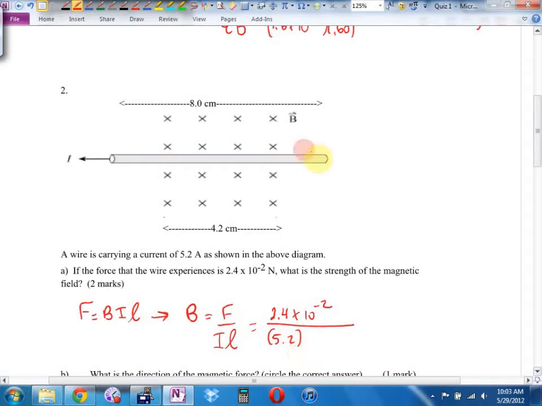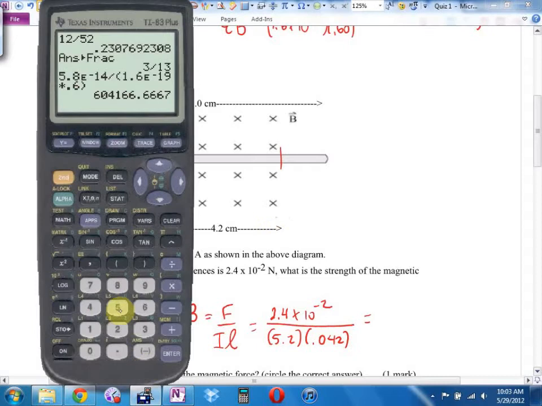The wire here is not undergoing any force. It's not being affected by the magnetic field. It's the wire from here to here that's being affected by the magnetic field. 0.042. So 2.4 times 10 to the negative 2, divided by 5.2 times 0.042.